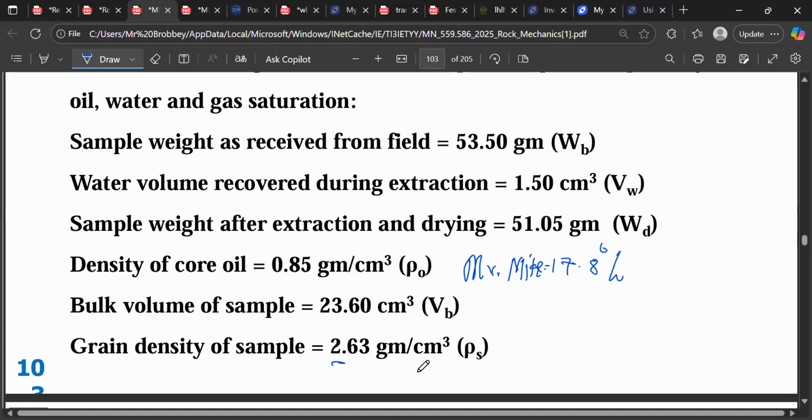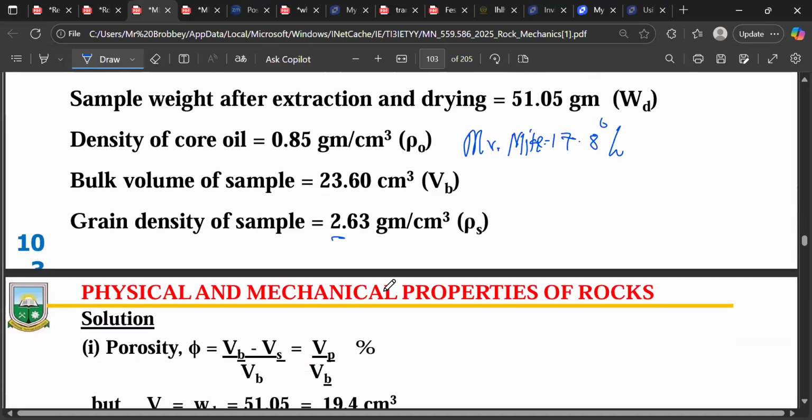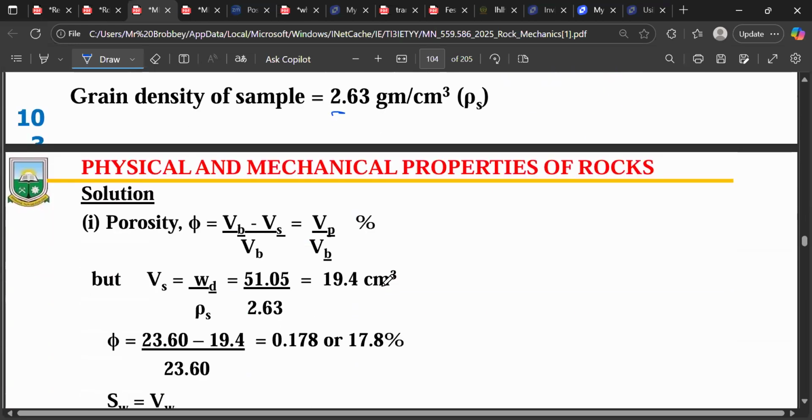Now let's attempt this question. Porosity, from the basic definition, is the ratio of the void spaces to the total volume. The void volume VV is equal to the bulk volume minus the volume of the solid, over the bulk, as Mr. Michael said.